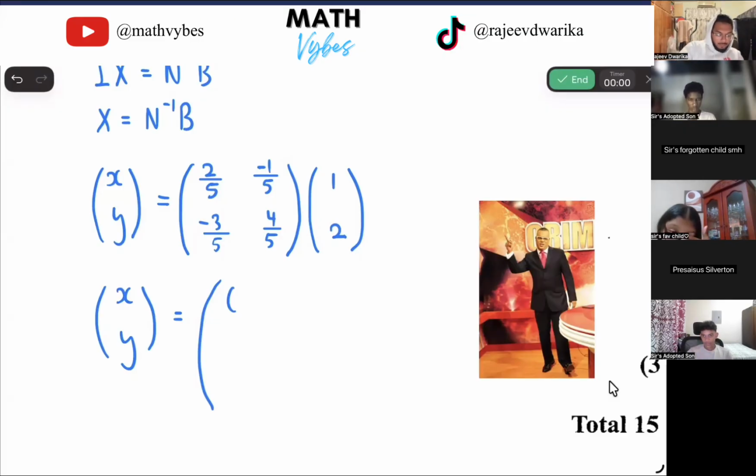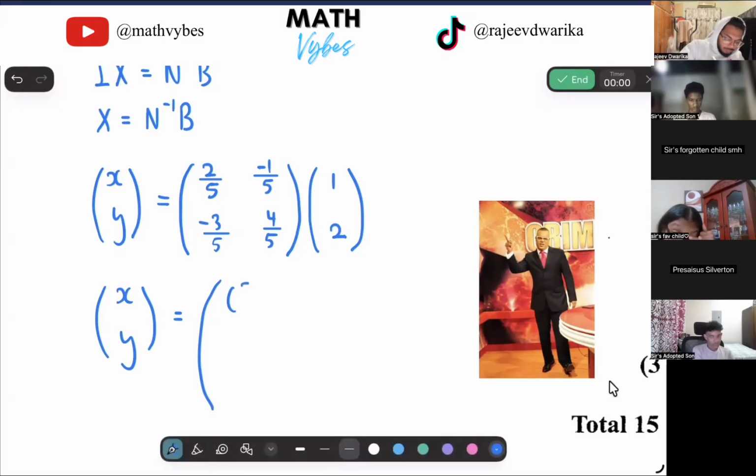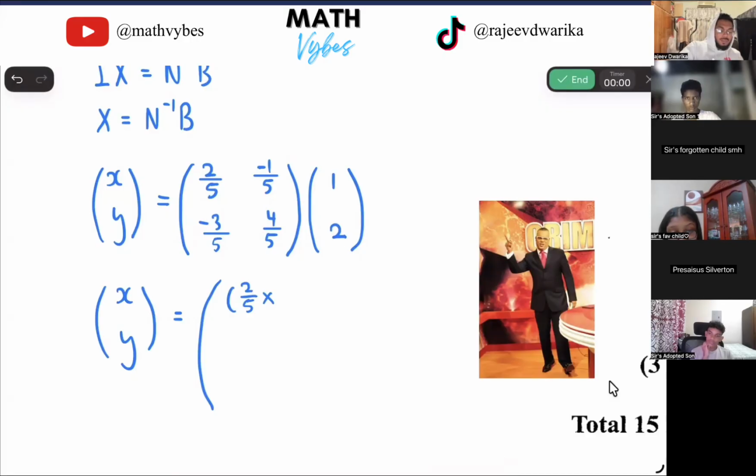Okay, 2/5 by... No, it's row by column. So you have this row by this column.